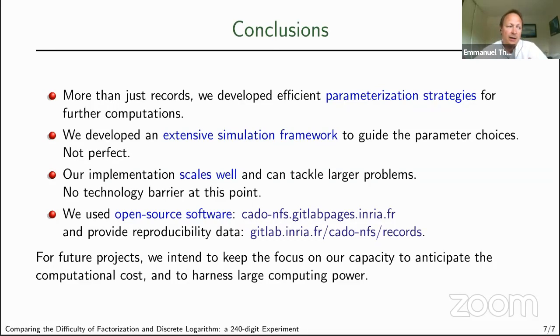So we want to pay attention, for example, to the fact that the special-q's that we use to divide the work into pieces do not actually cover a large part of the large prime range and do not interact badly with the filtering that comes next. This is one of the key aspects, and this is detailed in the paper.